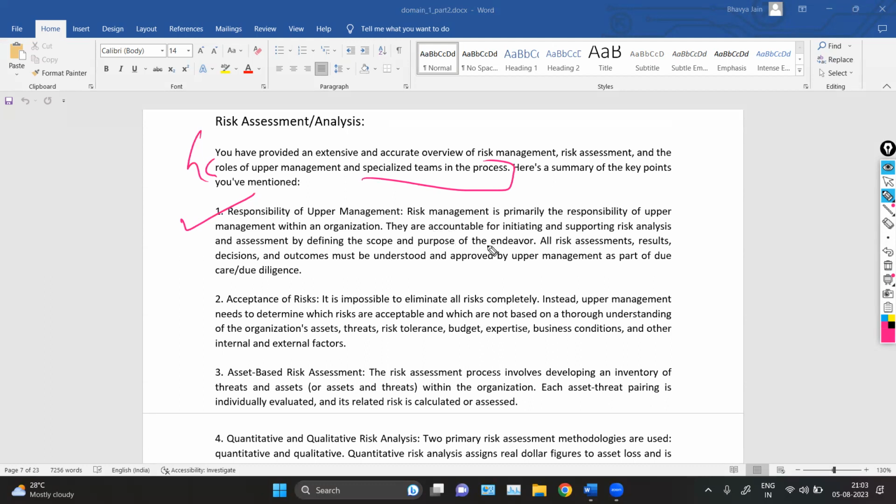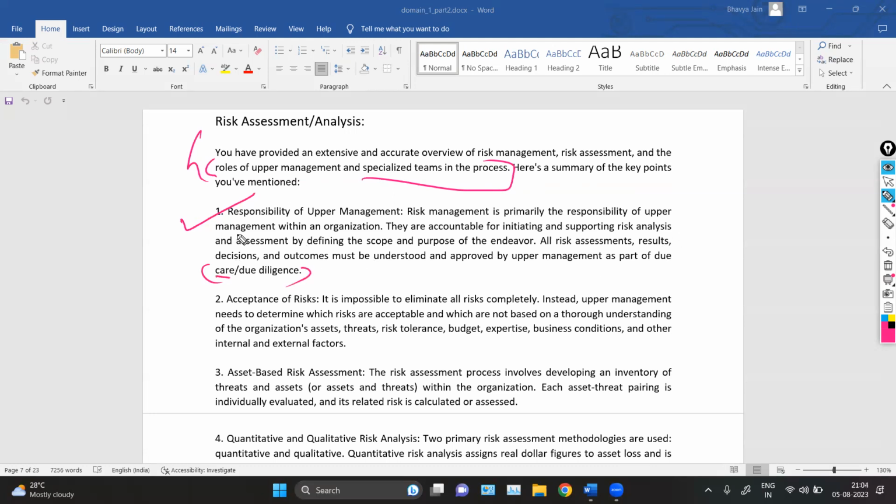They are accountable for initiating and supporting risk analysis and assessment by defining the scope and purpose of the endeavor. All risk assessment results, decisions, and outcomes must be understood and approved by upper management, which is senior management, as a part of due care and due diligence.